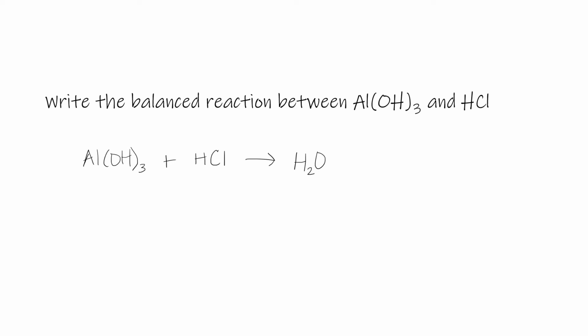And our salt is made from the cation of the base and the anion of our acid. And it's a salt, which means it's an ionic compound. So we have to look at charges before we can correctly write that out. So up here, I'm just going to write the charges for it. Aluminum has a +3 charge. Chloride has a -1 charge.